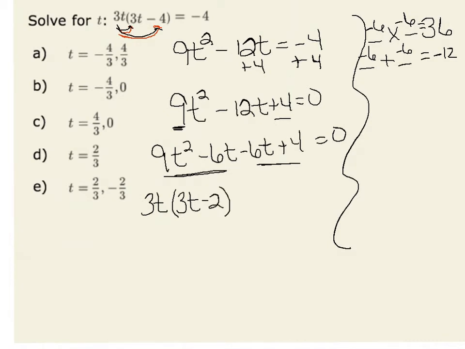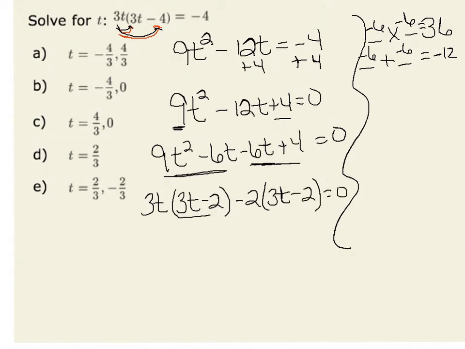Likewise, when I look at the terms negative 6t plus 4, I could factor out a negative 2 from both of those terms. Factoring out a negative 2 from negative 6t would leave me with a positive 3t, and factoring out a negative 2 from a positive 4 would leave me with a negative 2.